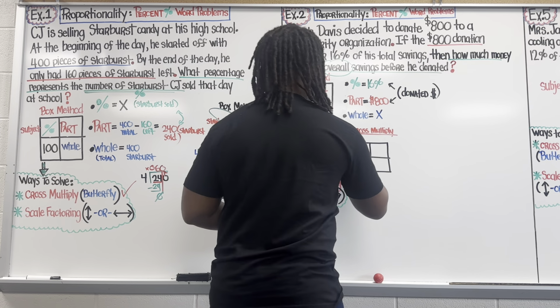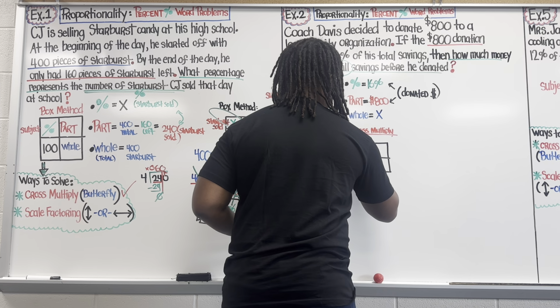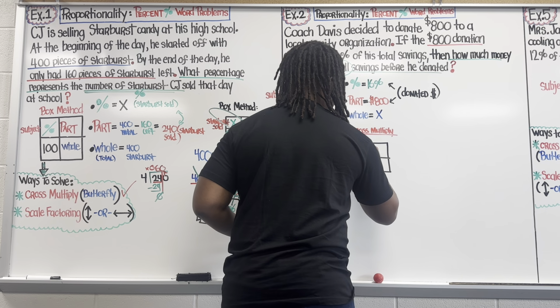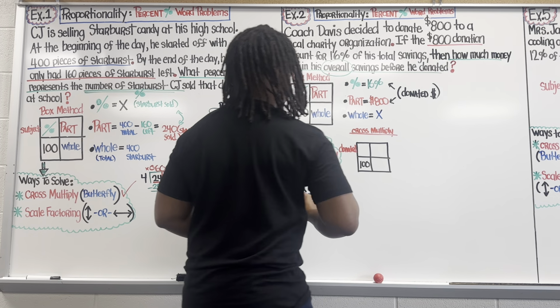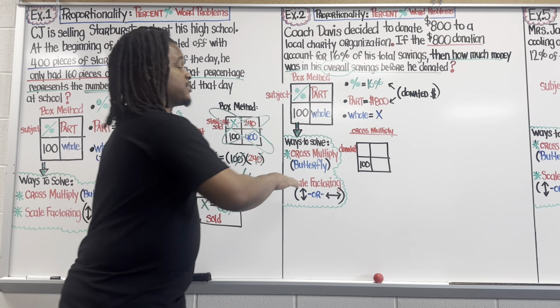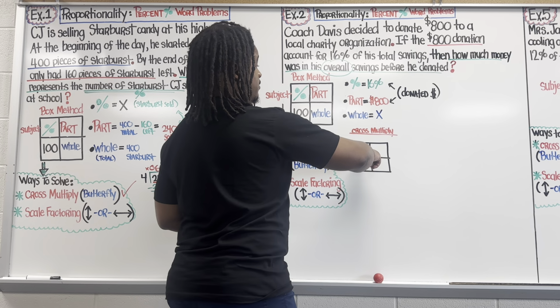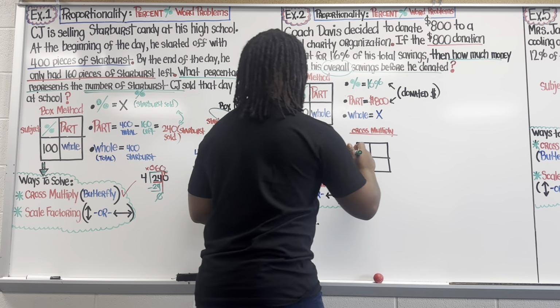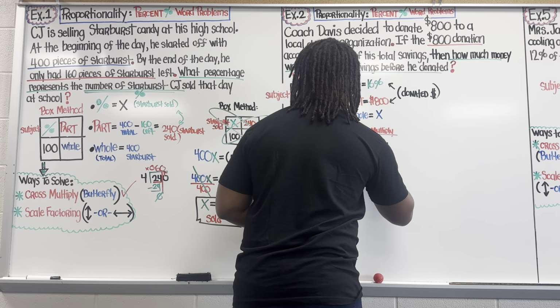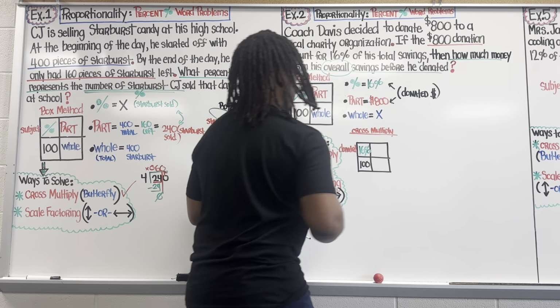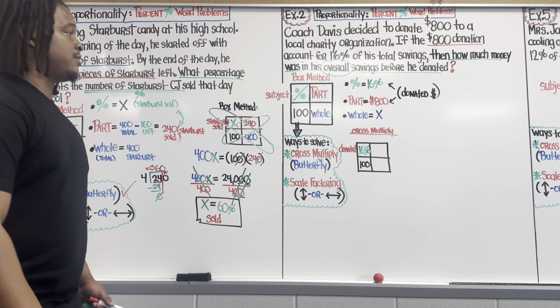So the subject line represents the value that was donated. So I'm going to put donated at the subject line, which is the first row. Now, the percentage of what he donated compared to his overall savings was 16%. So I'm going to put 16 right there.